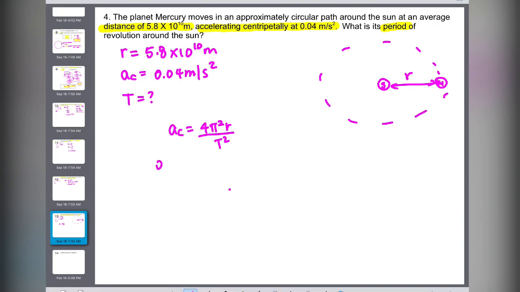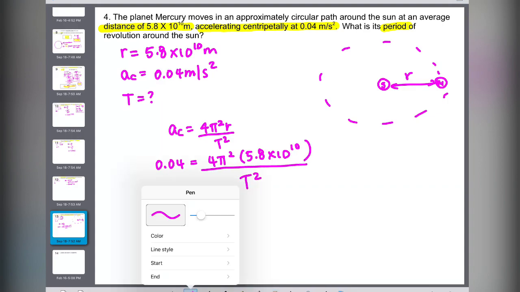So T is what I'm looking for. So I guess the only trick is, can you rearrange the equation properly? So I got 0.04 equals 4 pi squared r, oops, I'm not going to put the meters, all divided by T squared. Unknown is at the bottom.